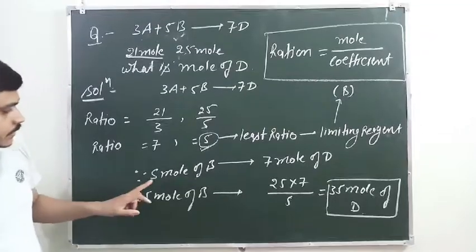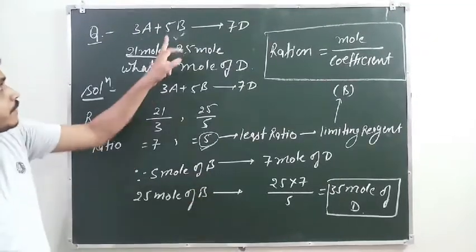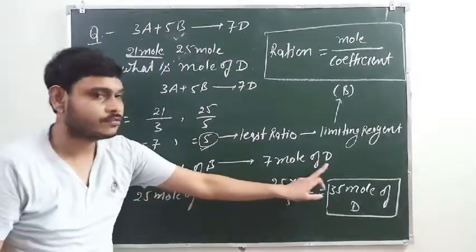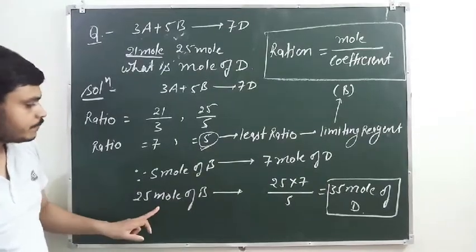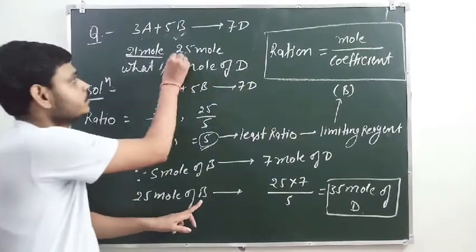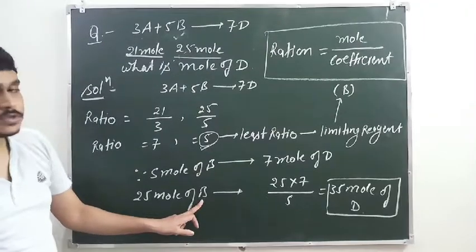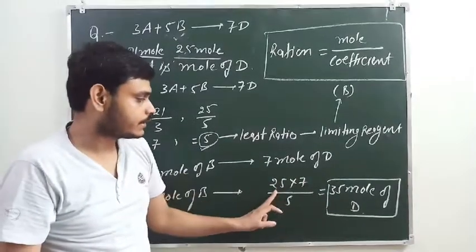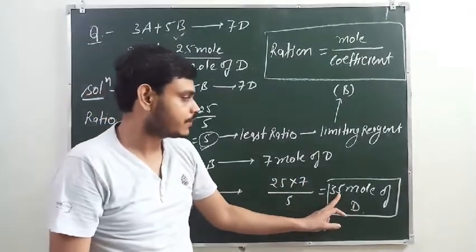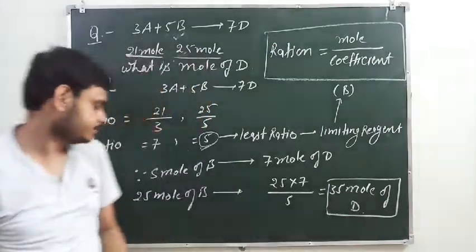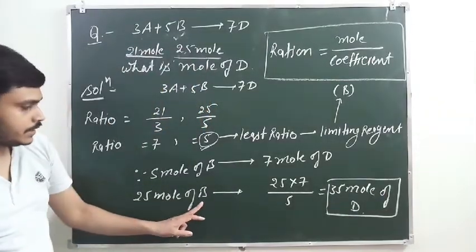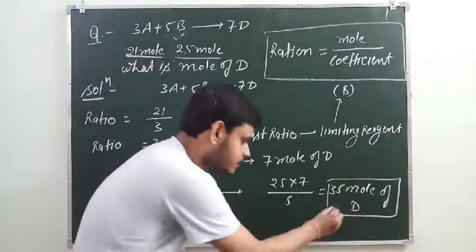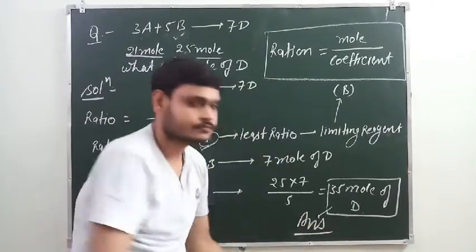Therefore, since 5 mole of B gives 7 mole of D, then 25 mole of B gives how many mole of D? It is 25 into 7 divided by 5, which is equal to 35 mole of D. It means that 25 mole of B gives 35 mole of D, and this is the answer. Clear?